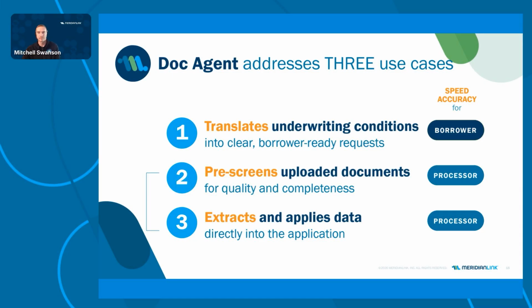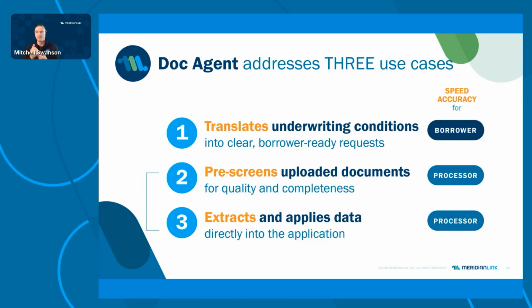Now once your applicants have logged in and uploaded a document, that document's going to pass into MeridianLink Mortgage's doc agent, and the doc agent's going to read it. The first thing it's going to do is a pre-screen, a pre-check. We're looking for things like, is the document complete? Do I have all pages?